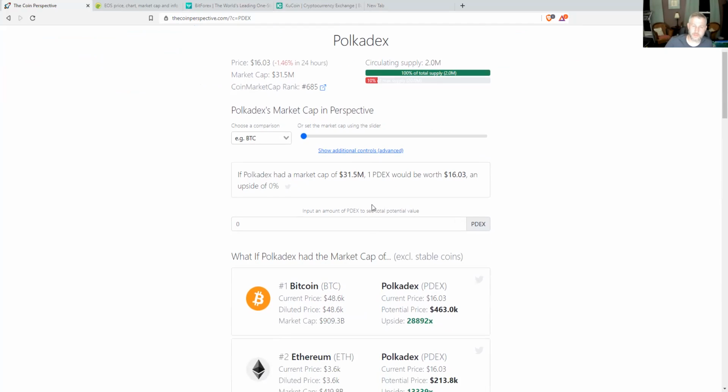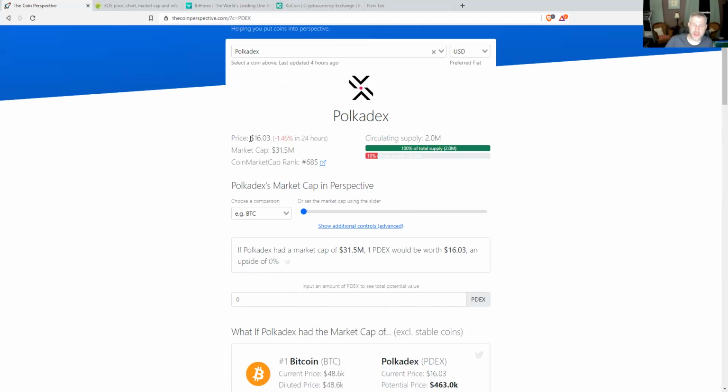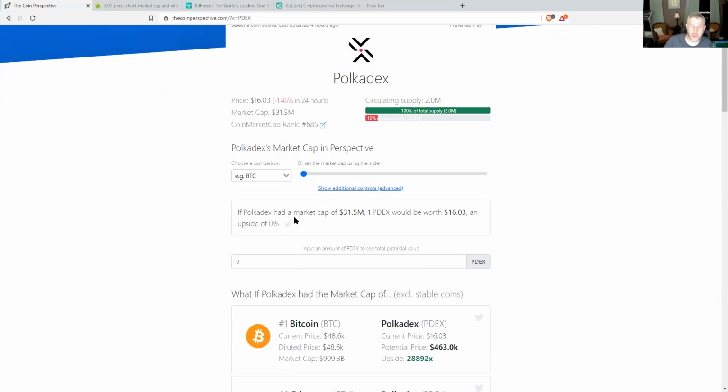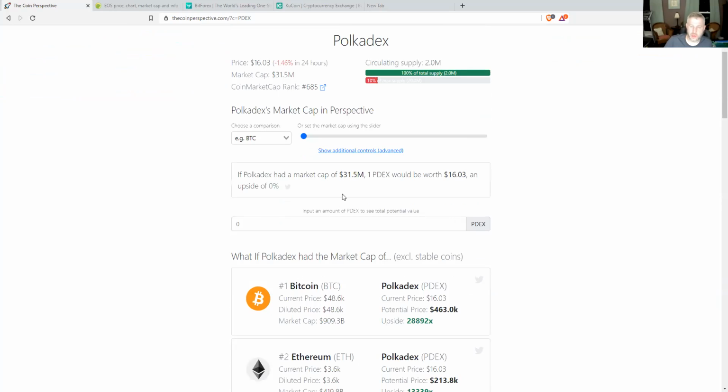So basically, you've got your price now, your market cap, how much is owned, the rank, circulating supply, which is 10% of the max supply. Bitcoin has 21 million. This has 20 million. So that's nothing. Compared to some of the billions of coins in other projects, that's very, very small. So basically you can move your little marker here.